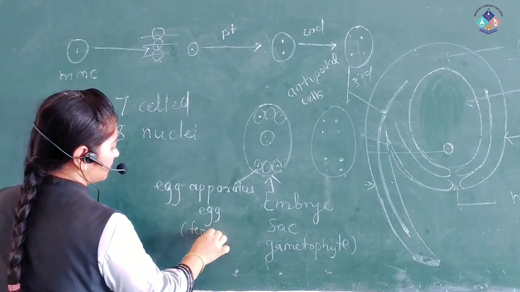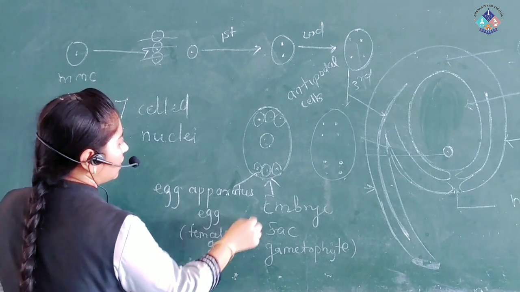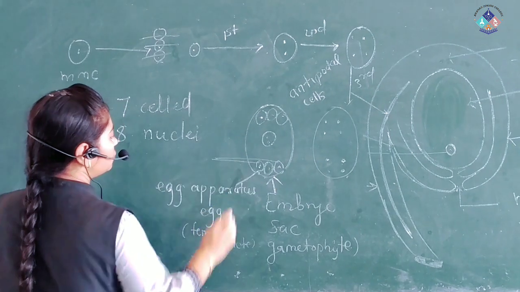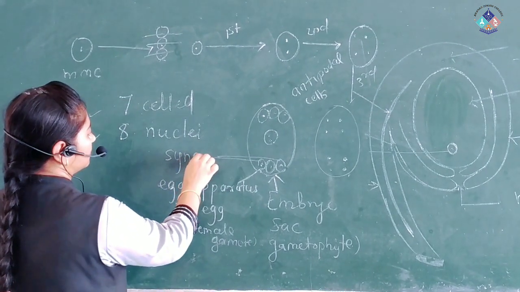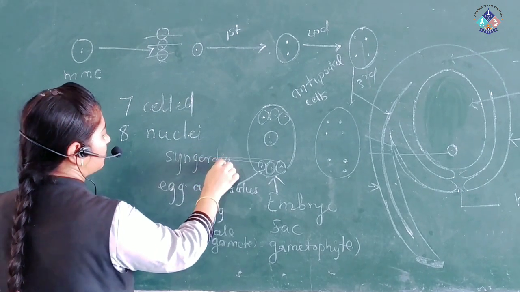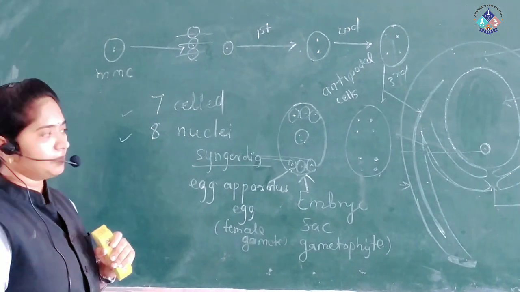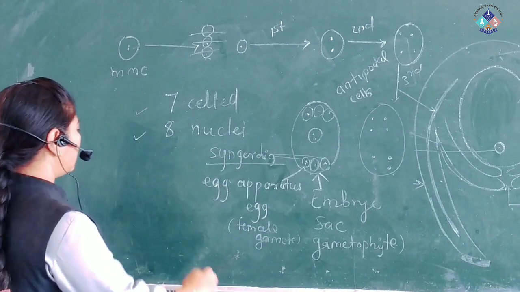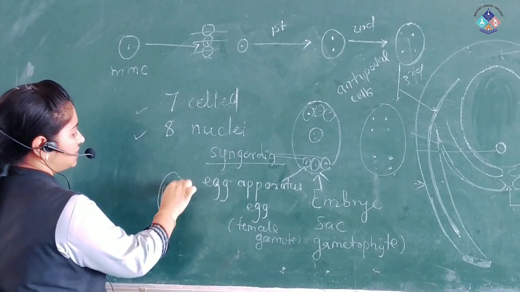The other two cells are the synergids. Synergids are very important; a question related to synergids was asked in the NEET exam. The synergid has a filiform apparatus. Filiform means hair-like structures, which you can see in the synergid cell.